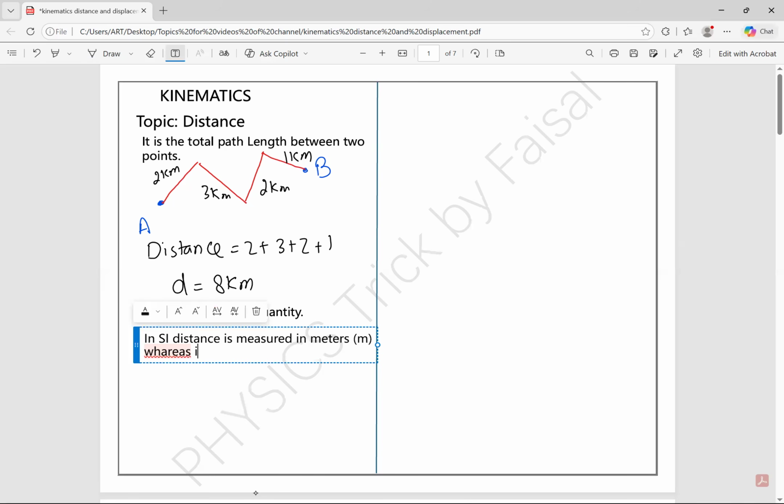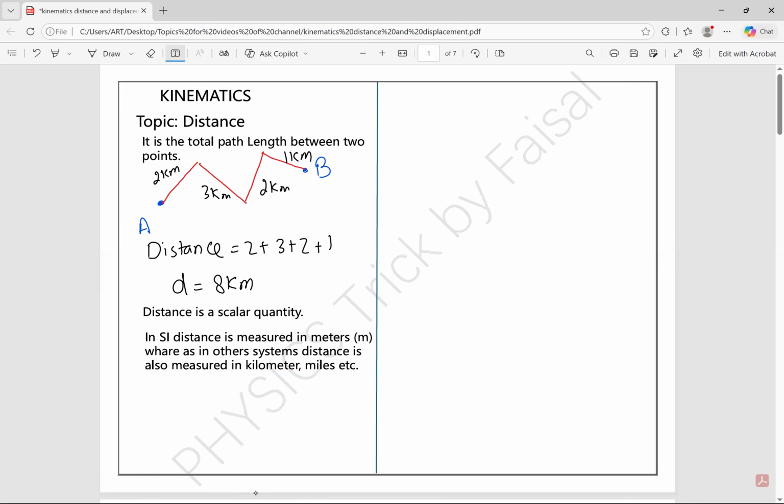Whereas in other systems, distance is also measured in kilometers or miles. Or if the distance is very small, then it can be measured in millimeters or centimeters. But in System International, distance is always measured in meters, right?